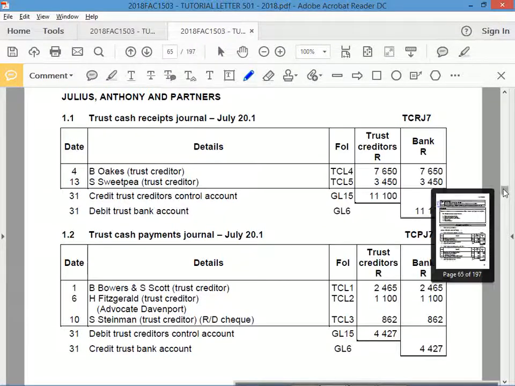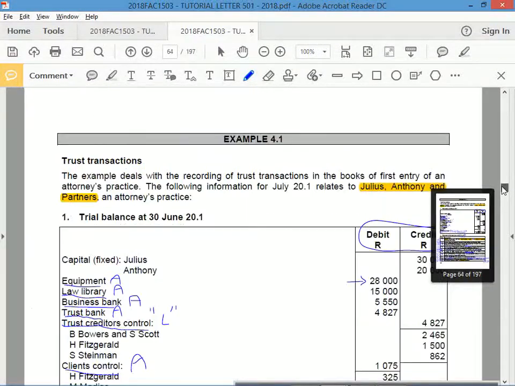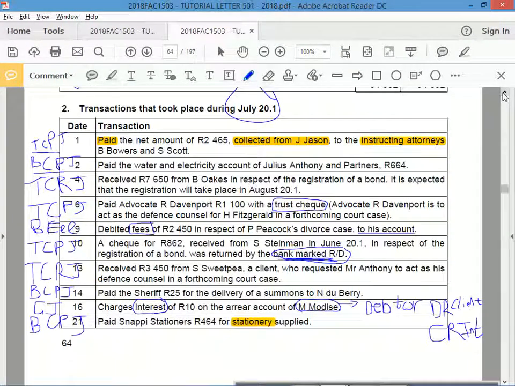All right, so let's go here quickly and look at it. What was the first journal? Trust CPJ. Okay, so let's check our answers. Trust CPJ. Transaction 6, is 6 there? Oh, 1, I overlooked it. Yes, trust CPJ. So 1, 6, 10, that's it. That's what we had.